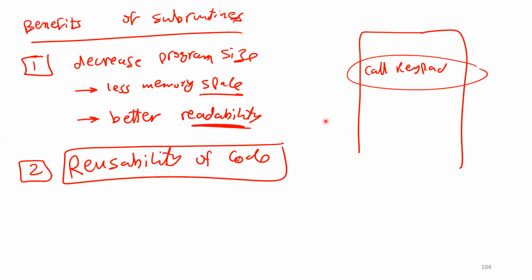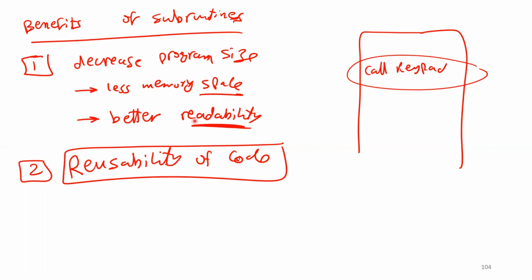Another one, for example, if you want to write something to the LCD, we have a subroutine to do that, okay? So anyway, reusability, and we do the same thing in Python, and everywhere. In Python or even in C language, we already have some functions. Some functions come with C language or Python. You can just use them, okay?